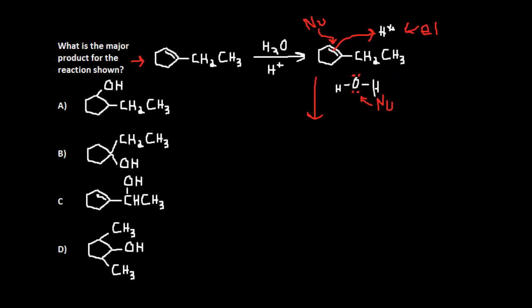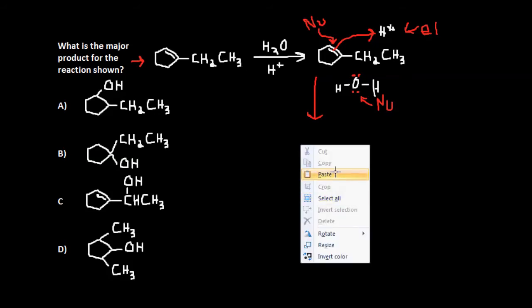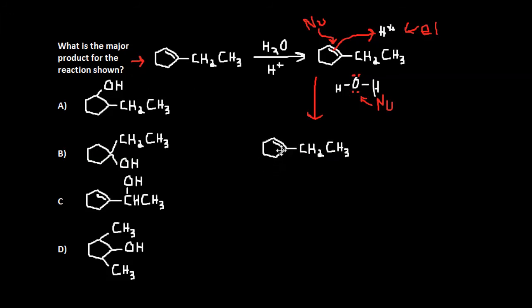Alright, and so then what do we have next? We got this molecule, so we replaced the double bond here. So we get rid of this guy here. And what's going to happen?